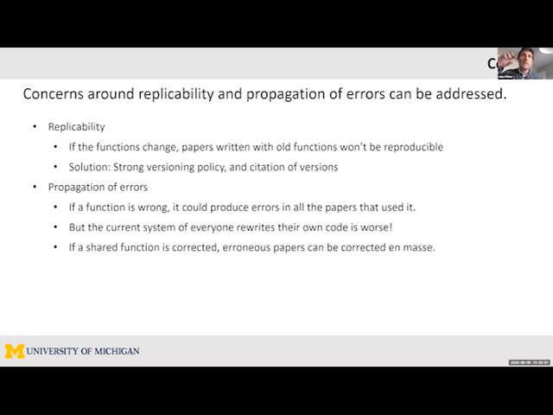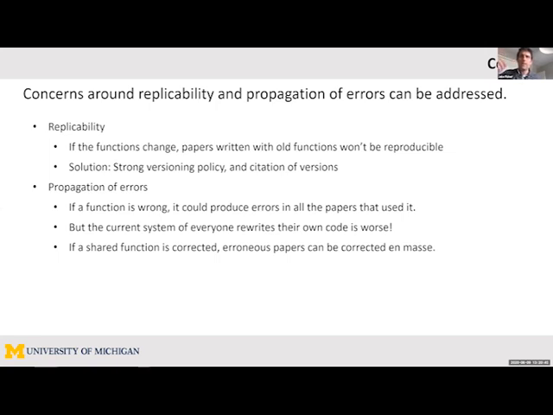But that presents the problem that if I write a paper in 2015 and someone discovers a data error in 2016 and modifies the function in 2017, using the same function would not reproduce the results from my paper in 2015, right? You can probably solve that with a good versioning policy. When the code changes its output, you would want to increment the version, and people would need to cite the versions whenever they publish something using these functions.